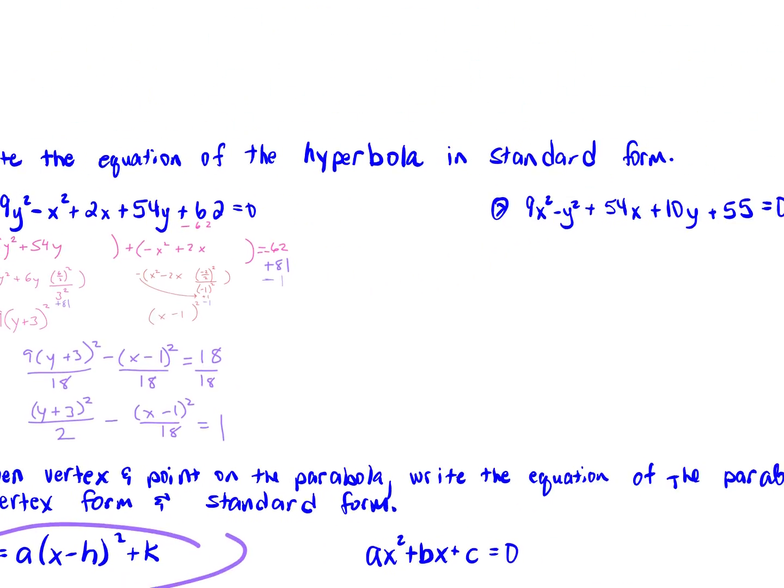Okay, I'm going to do another one that's not on here. So if it gave you, let's say, the foci, I'm just making this up, but let's say it gave us the foci as plus or minus 2, 0, and it gave us the asymptotes as y is equal to plus or minus 4x.